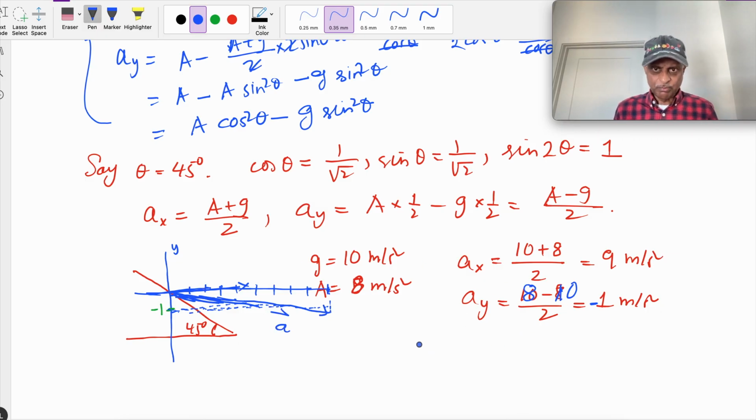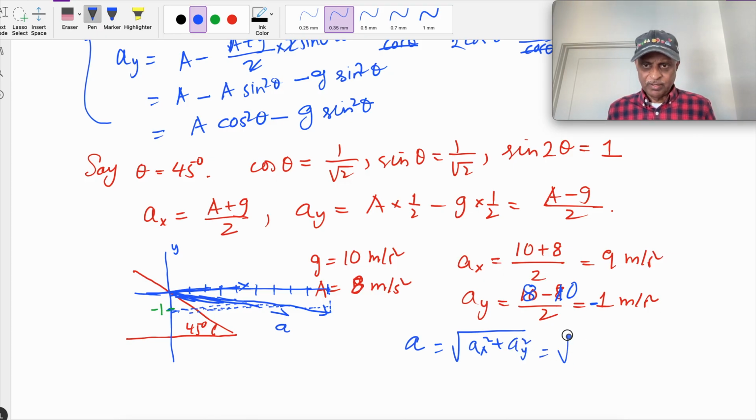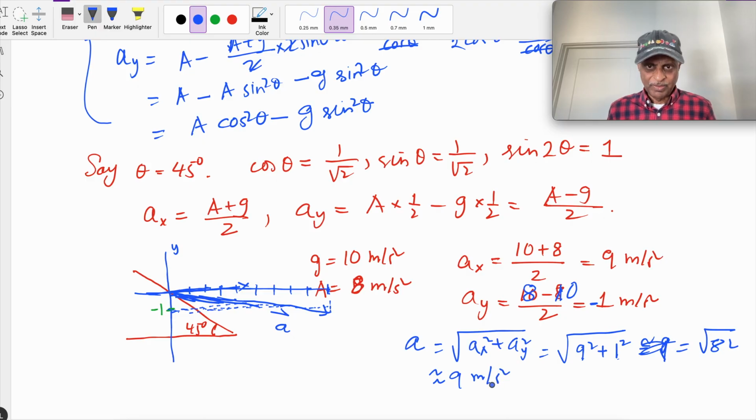And you can say the magnitude of the acceleration will be square root of ax square plus ay square, 9 square plus 1 square, and that's roughly, of course this is square root of 81, 82, but that's roughly 9 meter per second square.